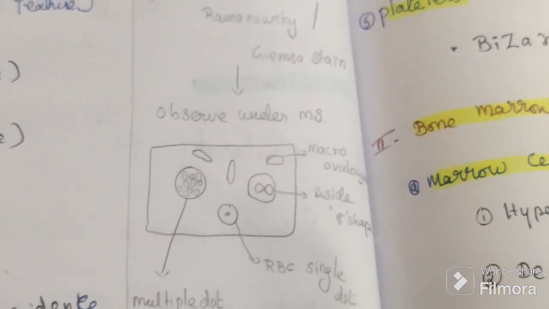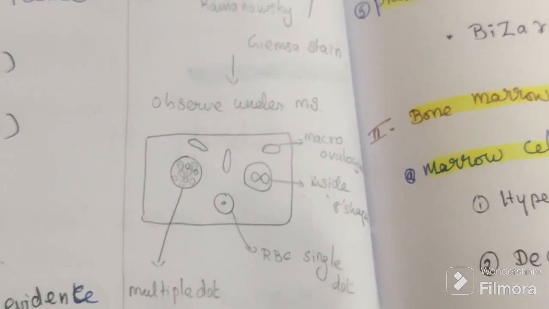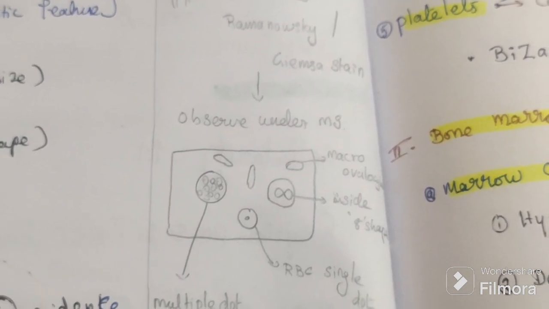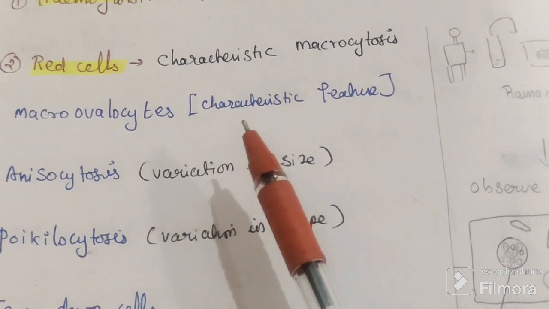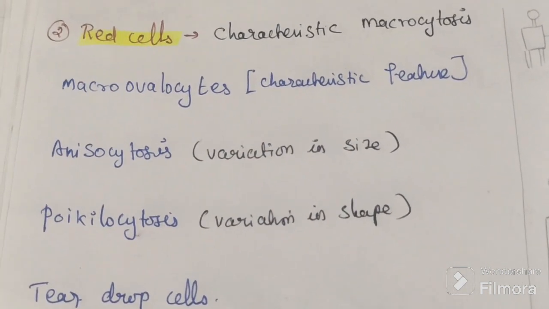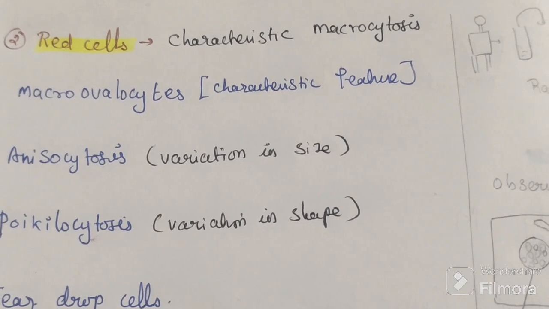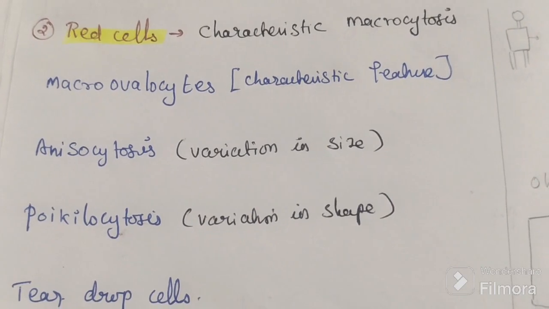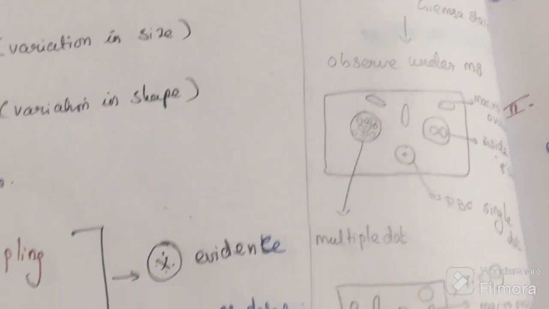Here the size is increased. Normally it is 7.5 micrometers, and this is more than 7.5 because it is macrocytic. It is oval in shape, so macro-ovalocytes. So the RBC characteristics are macro-ovalocytes. Then anisocytosis, meaning various sizes of cells. Poikilocytosis means various shapes. Teardrop-shaped cells can also be found.